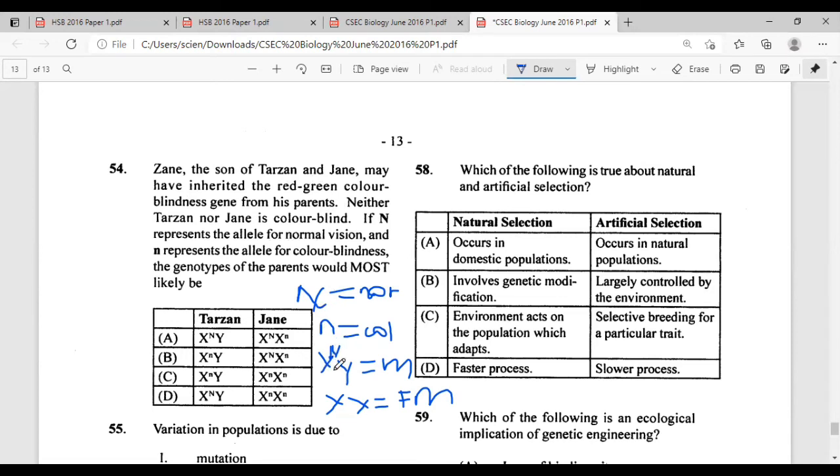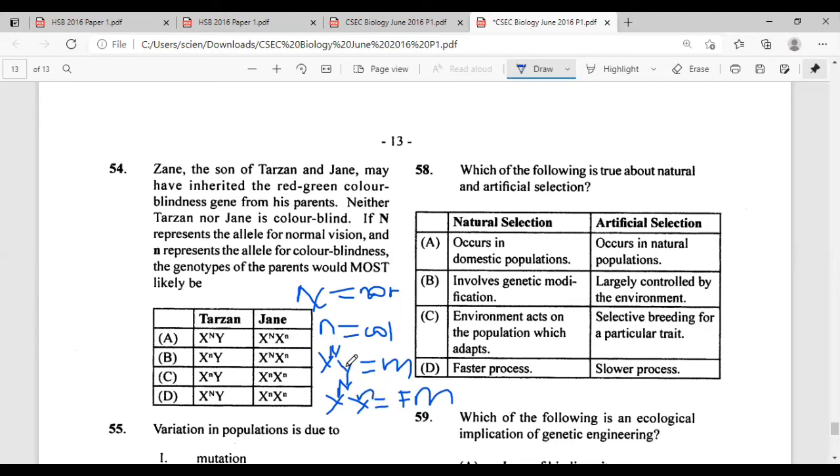Please remember that the X gene can carry any disease. The Y does not carry anything. The Y is there to distinguish male from female. Cool. So now that means that the mother has to be a carrier, meaning that the mother would have a capital N and then a small n, since she's not exhibiting any color blindness symptoms, so she would have been the carrier.